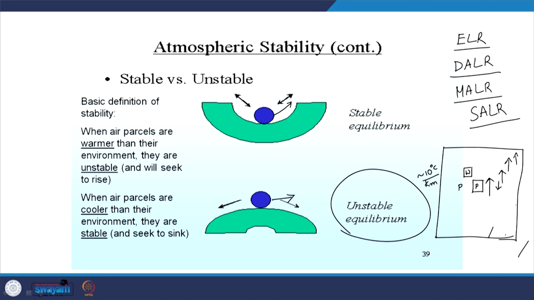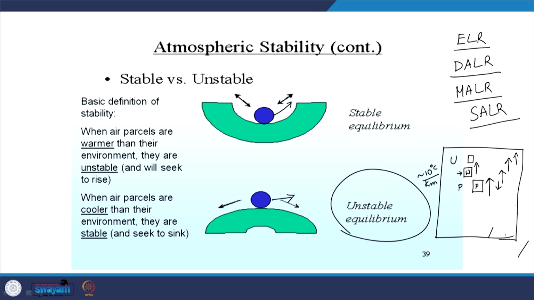Anything that is warmer will have a tendency to rise, right. That means the incremental displacement that you have provided was only to this point, but after this, since the parcel is warmer in comparison to the environment, the parcel will rise by itself to a new altitude, right. So that means once you displace the air parcel away from the mean position, the parcel is not coming back, it is going away. That means you have an unstable environment in this particular configuration, right.